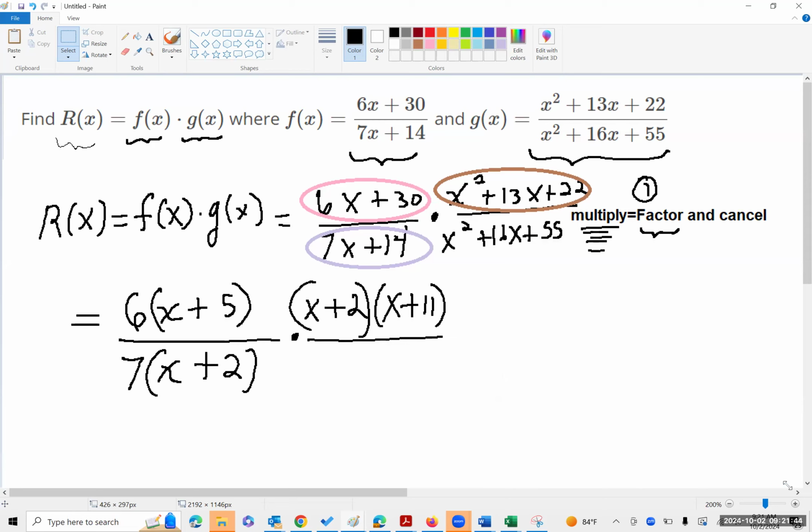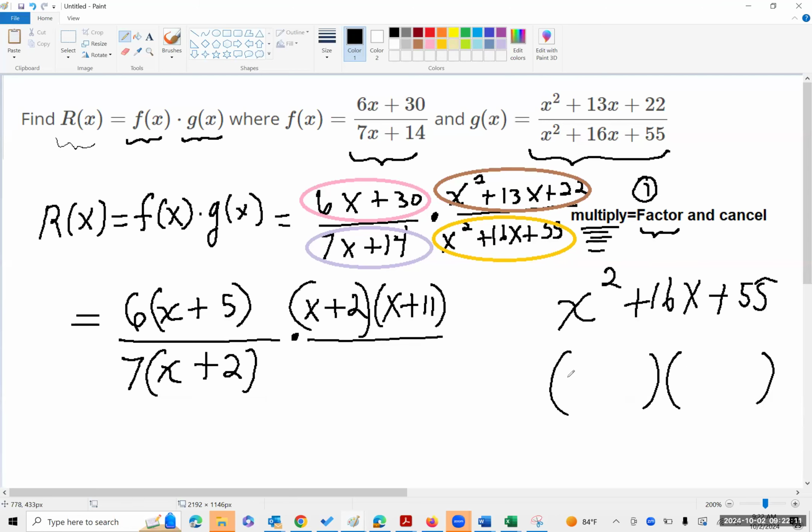And I've got to do the same kind of thing now with this trinomial. Hopefully that one will be just as easy to factor. I've got x squared plus 16x plus 55. Some of you might see it right off the bat: 11 times 5 is 55 and 11 plus 5 is 16.